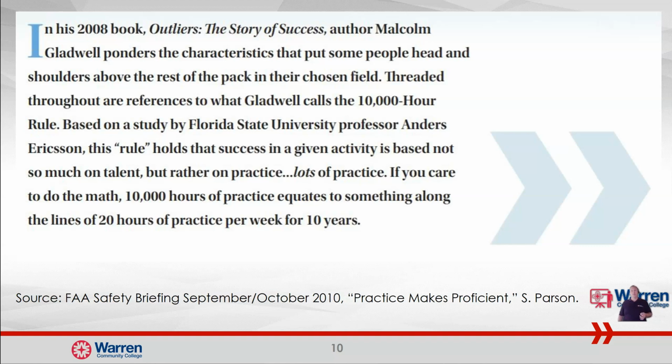Based on a study by Anders Ericsson at Florida State, this rule holds that success, or I'm going to call it expertise, in an activity is based not on your talent. And listen, we have a lot of people in our classes who played a lot of video games up to that point, and they seem really proficient at first, but without practice in a live situation, that could be detrimental.